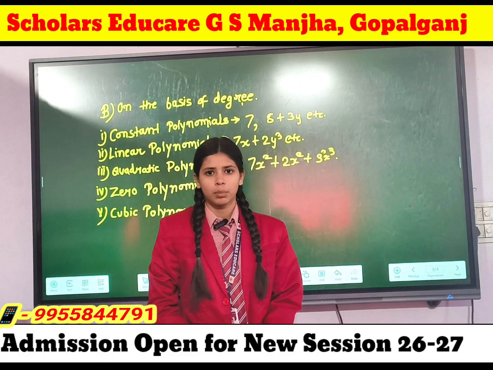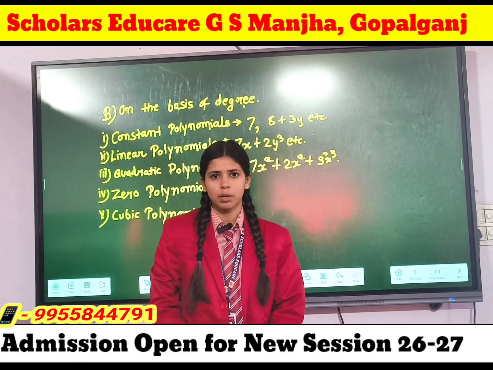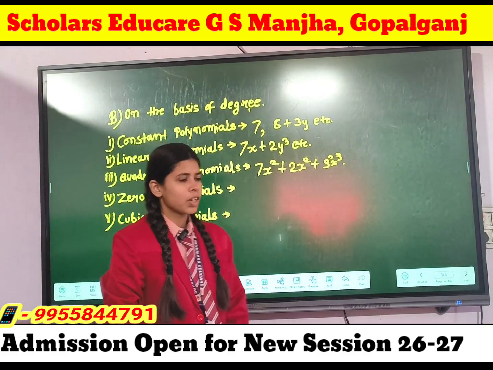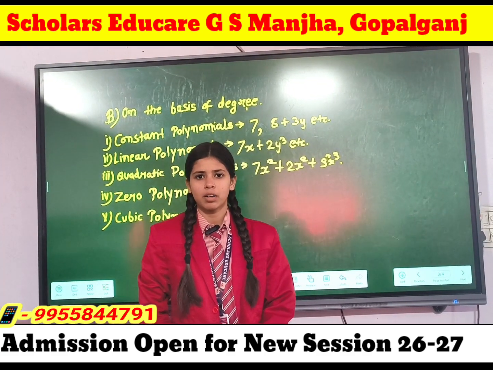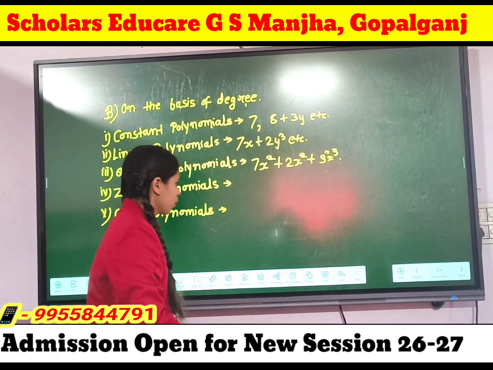Fourth one is zero polynomials. The polynomial with degree 0 is known as the zero polynomial. And the last one is cubic polynomials. The polynomial with power 3 is known as the cubic polynomial.